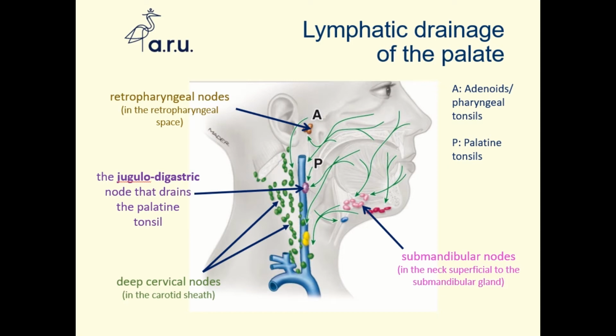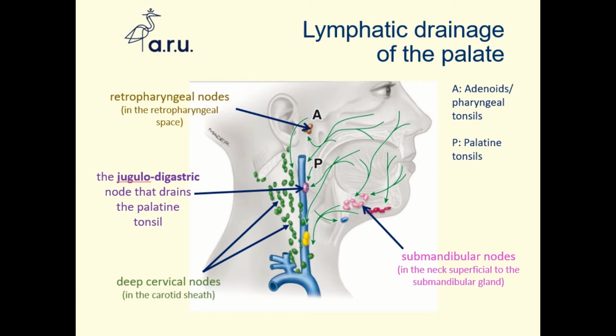Now, inside the neck and in the throat, there are quite a significant number of lymph nodes situated in different places, which overall contribute to the lymphatic drainage of the head and neck region. The lymphatic drainage of the palate is mainly via the deep cervical lymph nodes, which you can find situated within the carotid sheath.